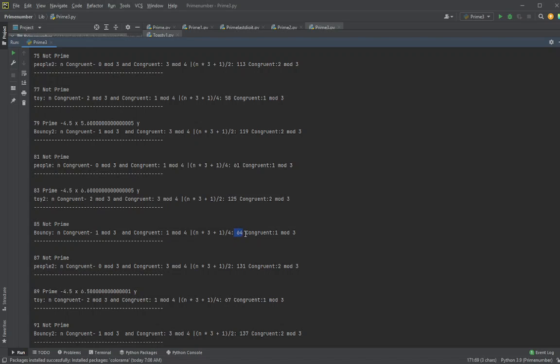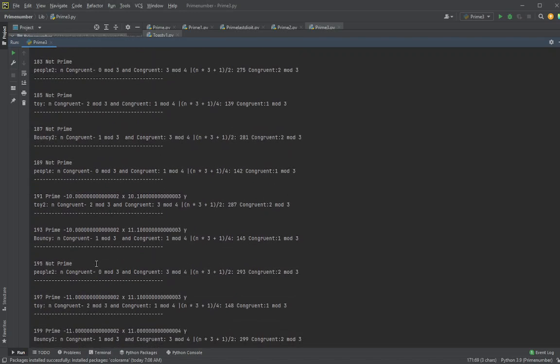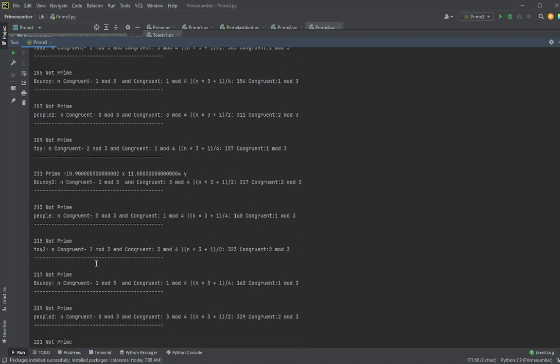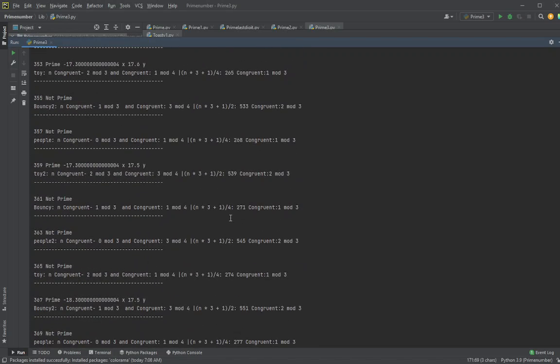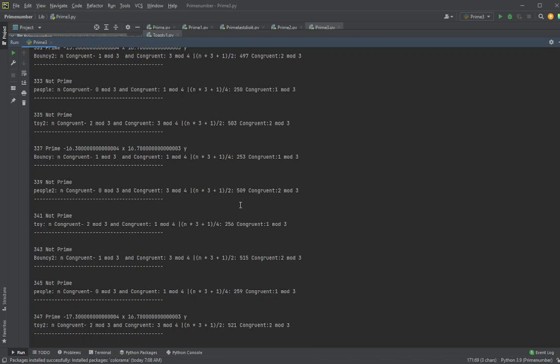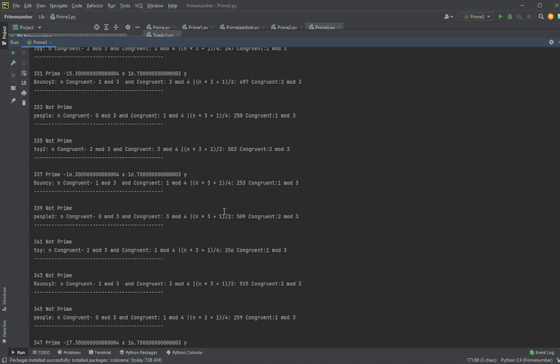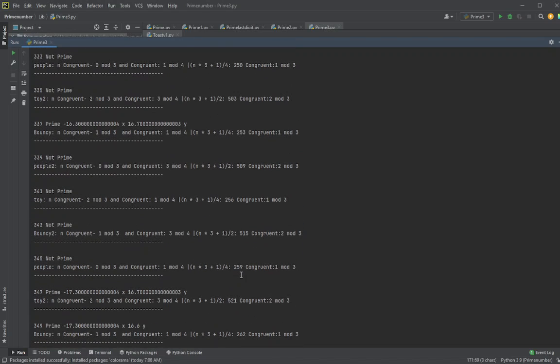And the next one won't be 128, but 256, which I think is at 213. No, it's much further. Here it is at 341.